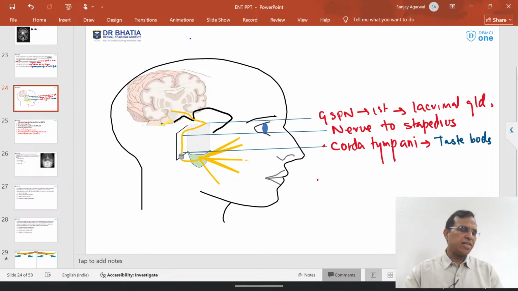Can you tell me what else does cauda tympani supply besides taste buds? Cauda tympani और क्या supply करता है? Please write in the comment. Cauda tympani besides taste buds supplies few more things, and I want to know what else does cauda tympani supply. What else? इसके अलावा क्या?